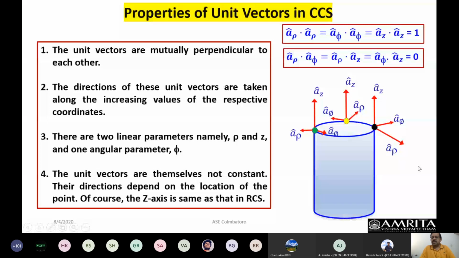But if I were to go here, I want you to visualize, imagine a cylinder in front of you, and superimpose a rectangular coordinate system such that the origin of the rectangular coordinate system coincides with the center of the circular cross section.